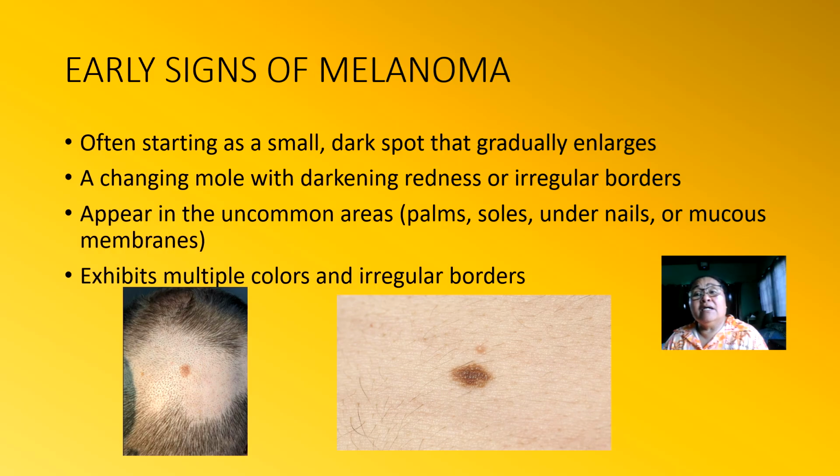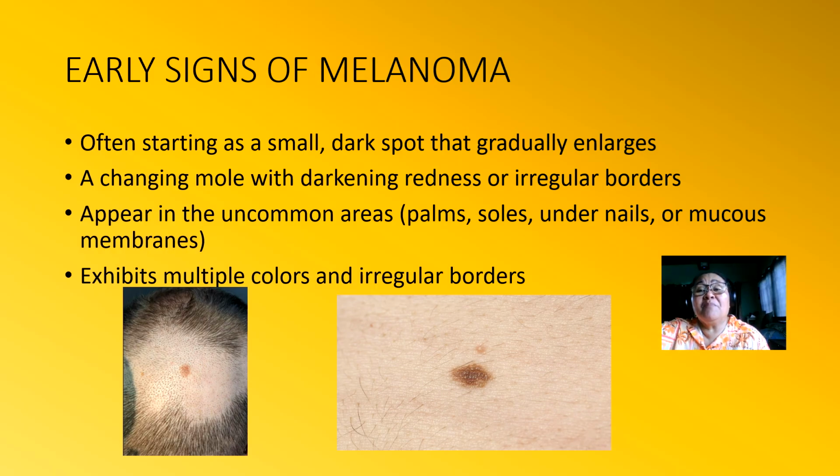Melanoma can also develop in less common areas, including the palms of your hands, the soles of the feet, under the fingernails or toenails, and the mucous membranes such as the mouth, the nose, or genital area.